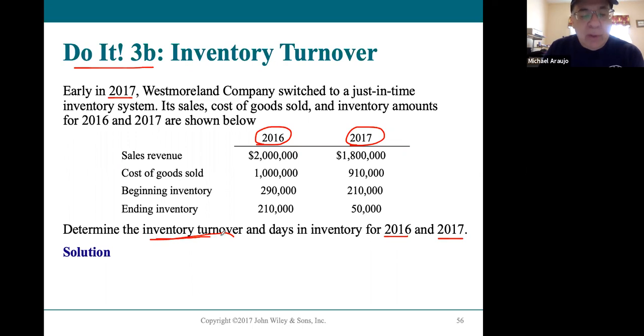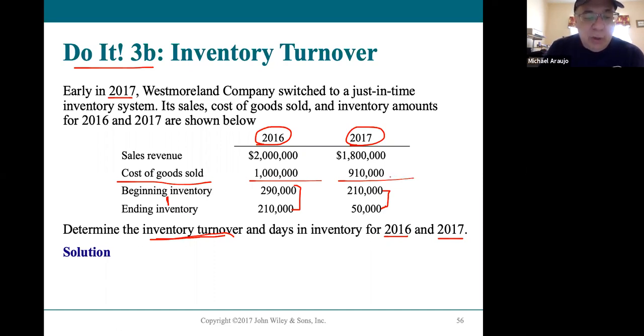So remember, inventory turnover is the cost of goods sold divided by the average inventory. So we would need to average this out and divide it into the cost of goods sold. Same thing in 2017. We would need the average inventory, which is those two numbers averaged, and that's your denominator; the cost of goods sold is your numerator.